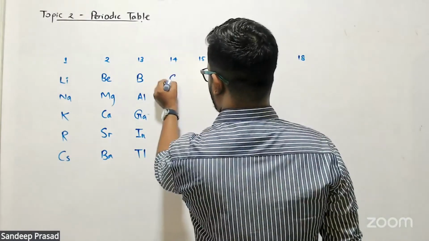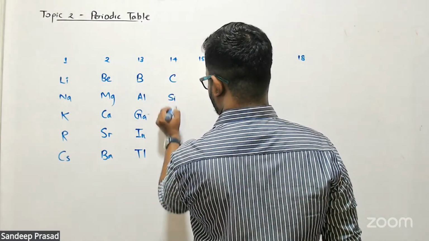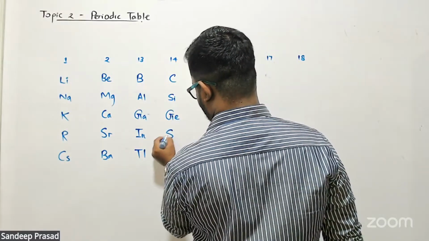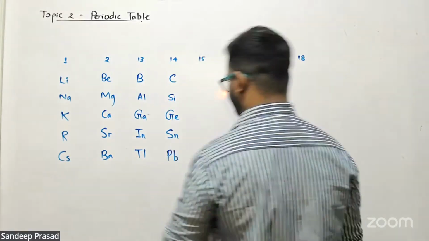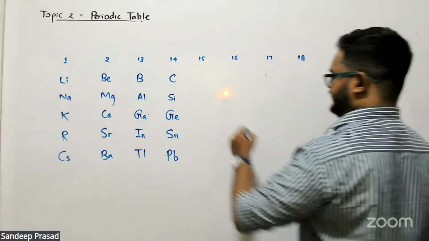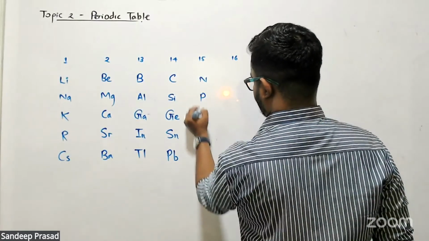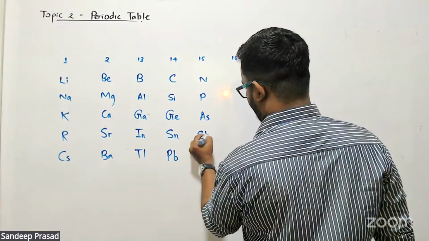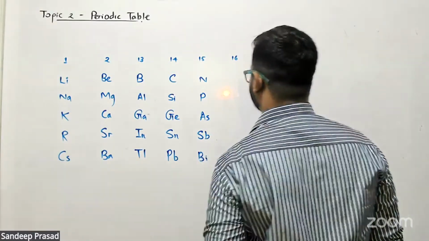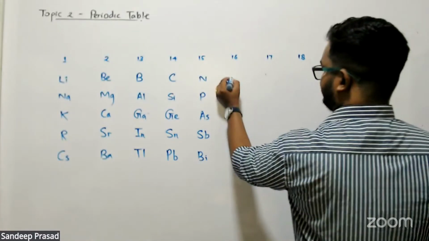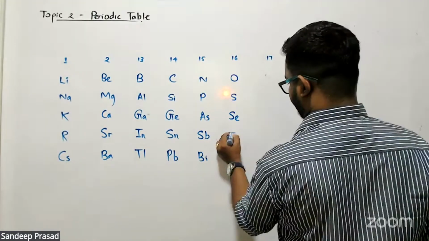Then group number 14, carbon, silicon, germanium, tin, lead. Then group number 15, nitrogen, phosphorus, arsenic, antimony, bismuth. Group number 16, oxygen, sulfur, selenium, tellurium, polonium.